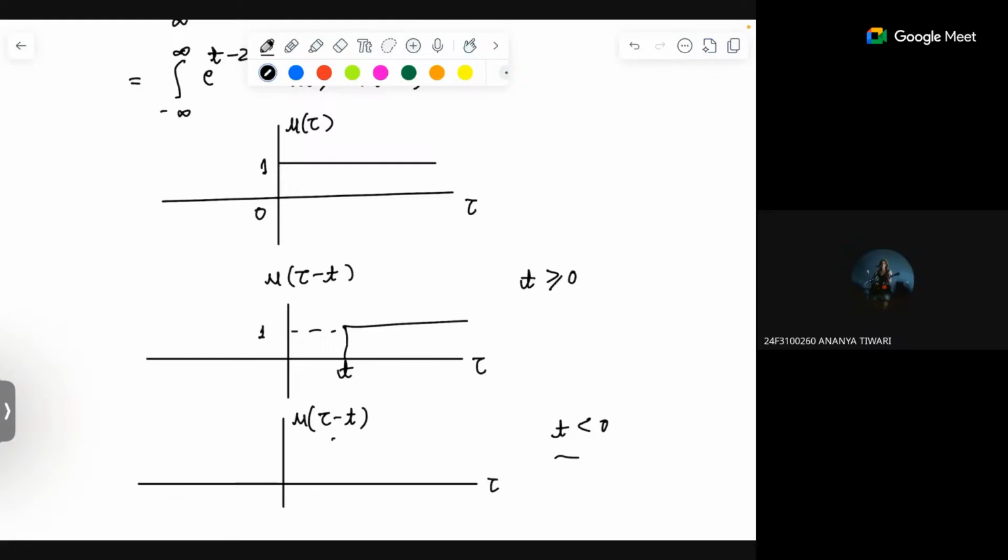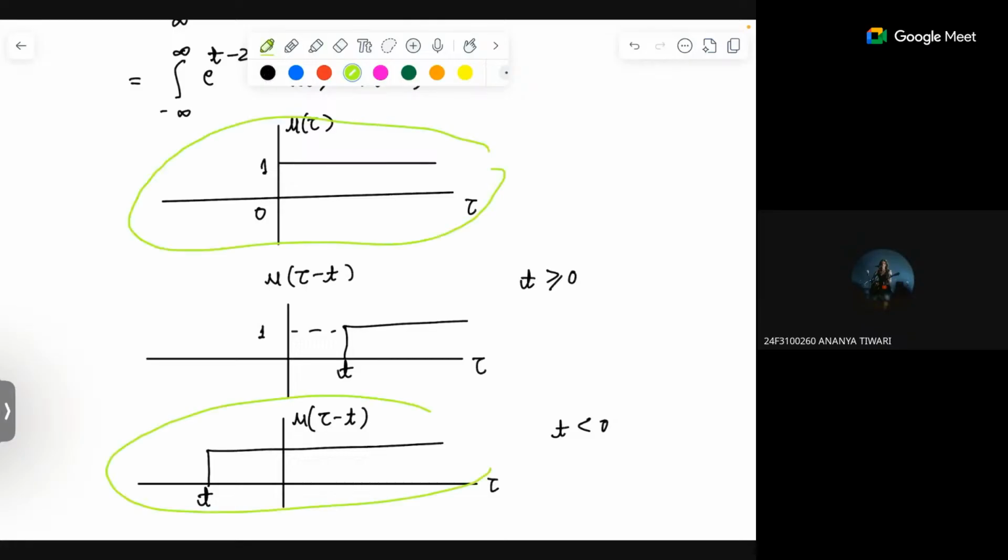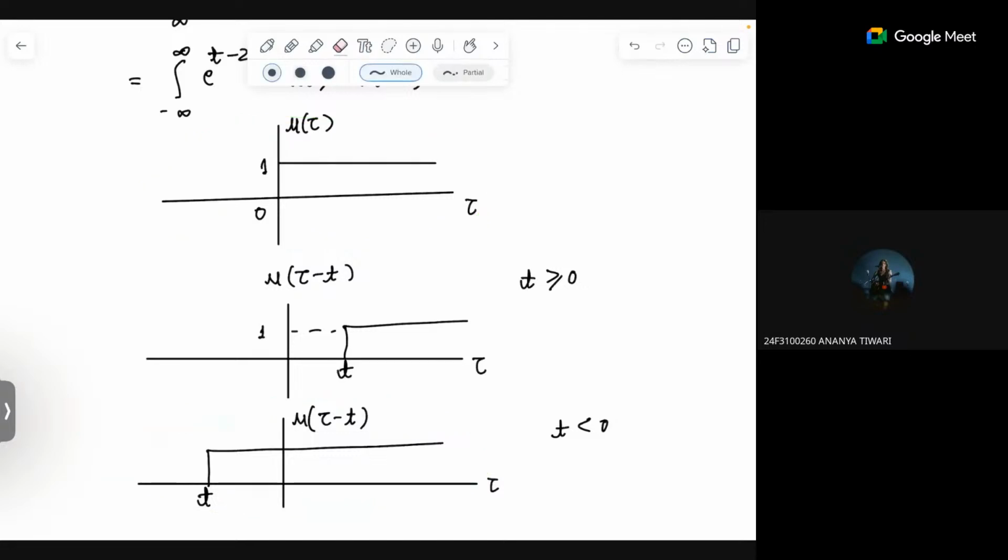Positive means advance, so my signal will move to left by t. Now we have to multiply them. Since in this region this is 0, it will be 0, but then from 0 to infinity it will be 1. So that will be my limit for t less than 0. Is this clear?